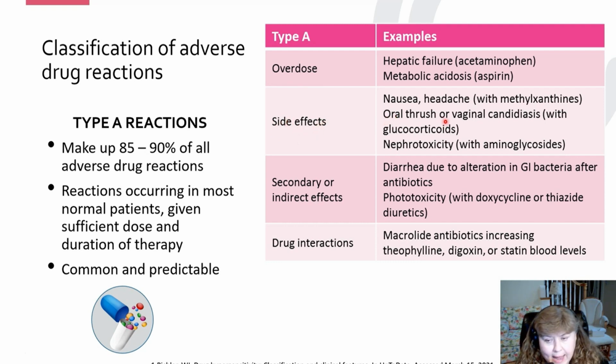Maybe you gave glucocorticoids and you might see thrush because of that. Or sometimes we see diarrhea when you have antibiotics in the face of a GI infection. Or perhaps they may be drug interactions like macrolides and theophylline. Those are type A reactions.